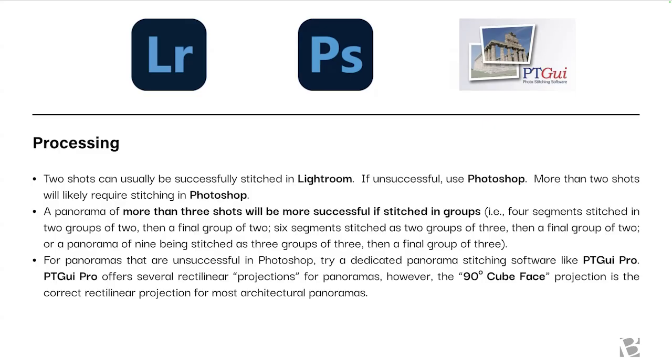If you get into a situation where Lightroom and Photoshop are just not successful, then you may end up having to go to a third-party software like PT GUI Pro. And PT GUI Pro is a software that I've used for a lot of years. And the thing I like about it personally is that it gives me a lot of different possibilities as far as putting these together.